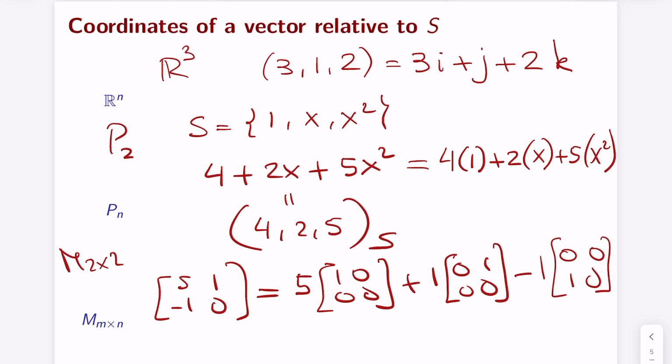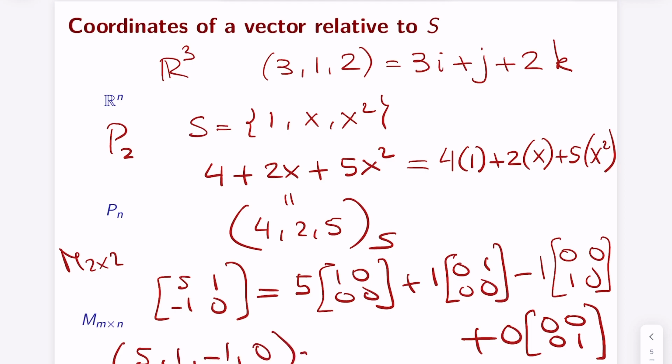Okay, so we have the complete components here. So the coordinates of this matrix are going to be 5, 1, minus 1, 0. These are the coordinates in the standard basis.